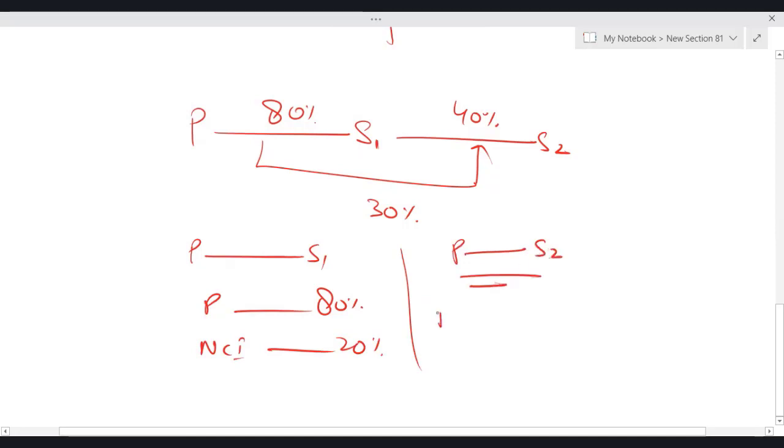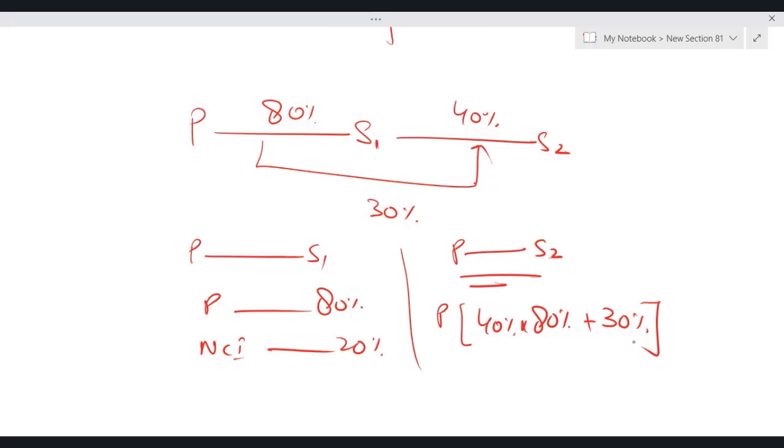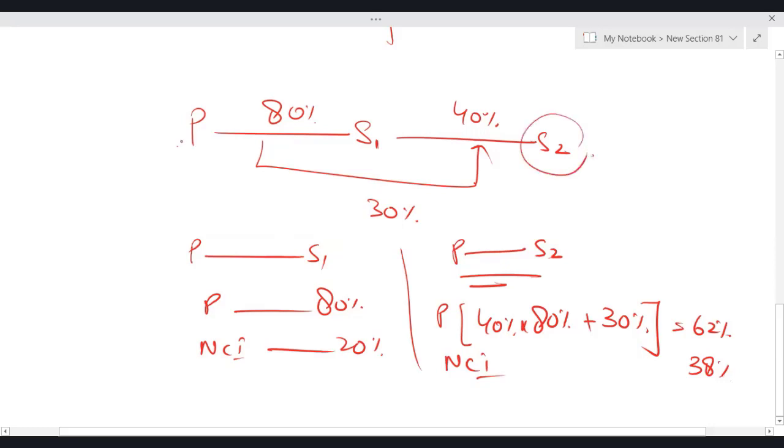Now, if you calculate the parent's effective holding, you will take 40 into 80, but in addition to that, 30% holding, because parent directly is having 30% holding in S2. I'm getting 62% holding, so NCI is 38. Now listen carefully. Due to effective holding more than 50%, S2 becomes an indirect subsidiary of parent.